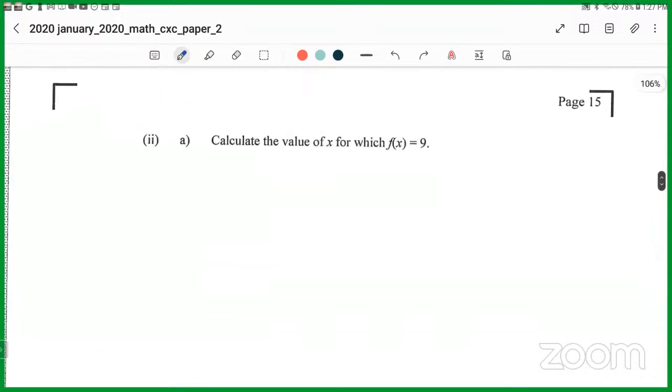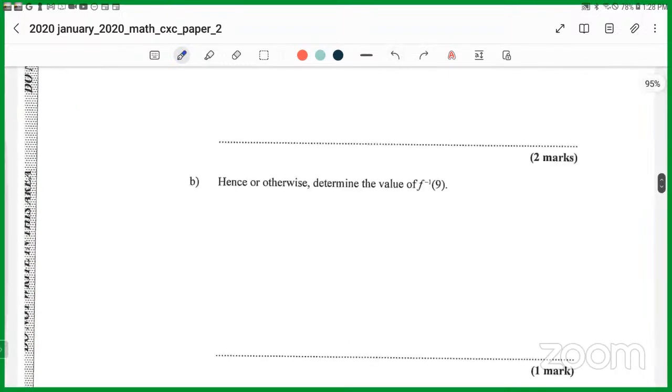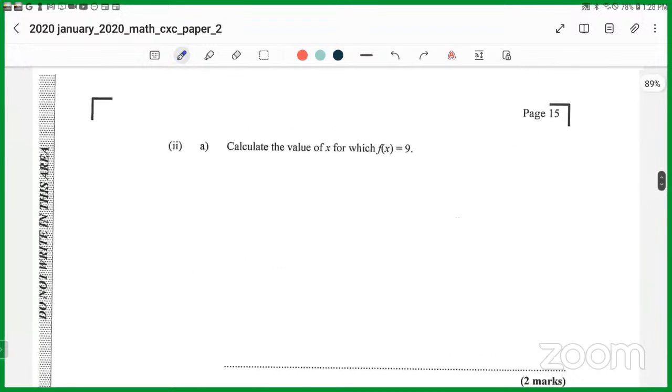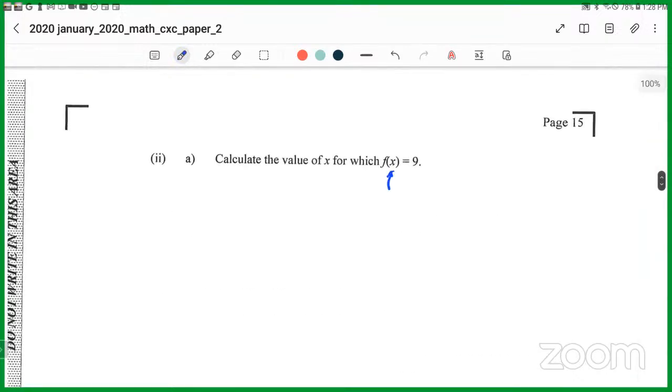This one wants us to find the value of x for which f of x is equal to 9. And so hence find f to the minus 1 of 9. Same thing, because whatever value you get for this is such that x is equal to f to the minus 1 of 9.